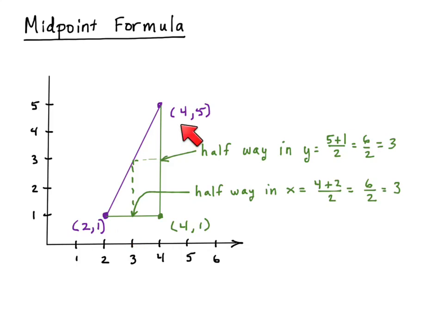The other point is x equals 4, y equals 5, and so the average of the x values is going to be 4 plus 2 divided by 2, which is 3. And then the difference halfway here is 5 plus 1 divided by 2, is 6 divided by 2, is 3. So this point here, this point at 3, 3, is my halfway point.